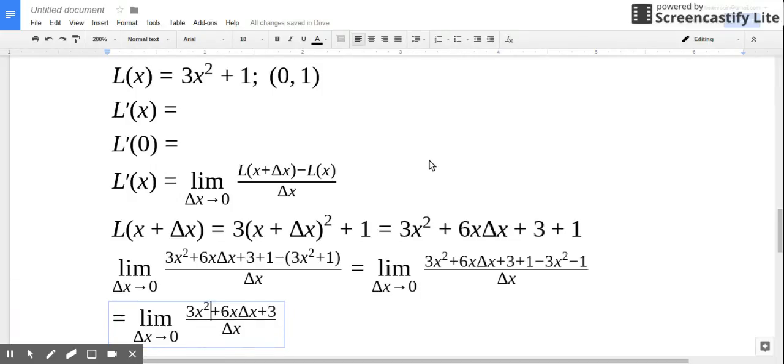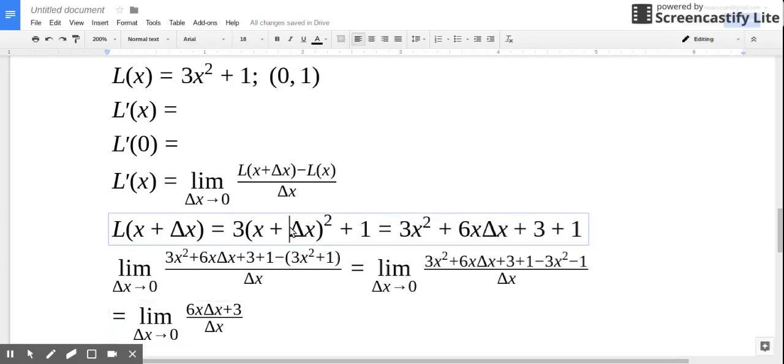Now, something else is fishy in St. Louis. That should have been a delta x right there. And so you're probably going, why didn't you write a delta x then? I just woke up not too long ago. That's probably half of this.